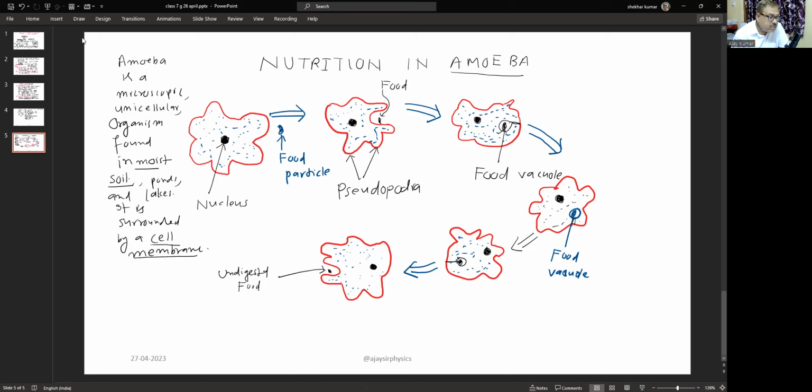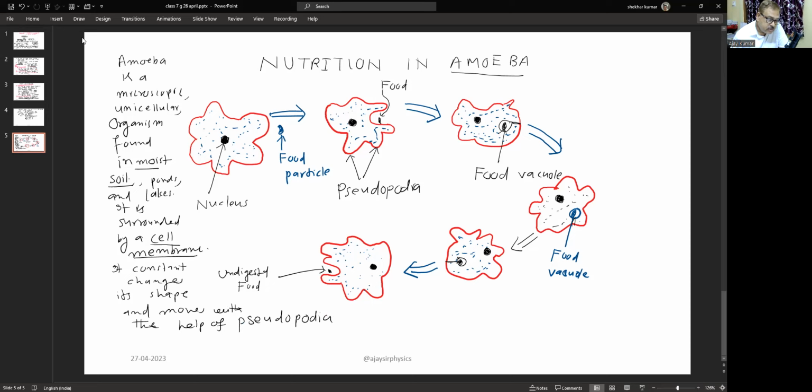It constantly changes its shape and moves with the help of pseudopodia. P-S-E-U, pseudopodia.